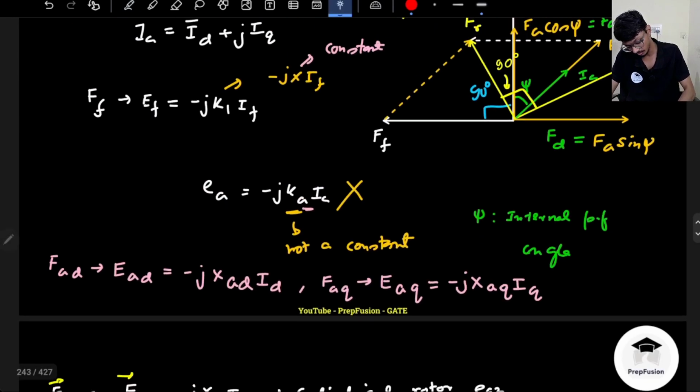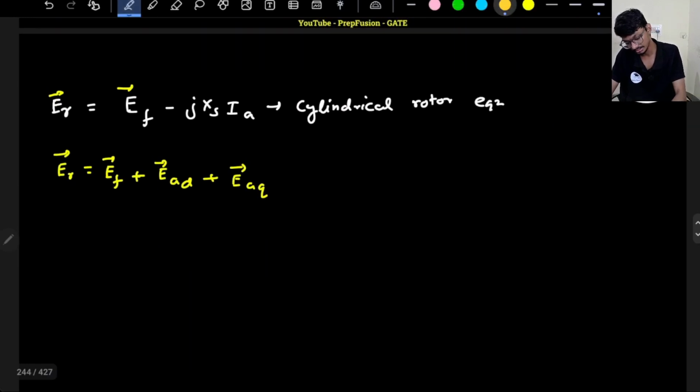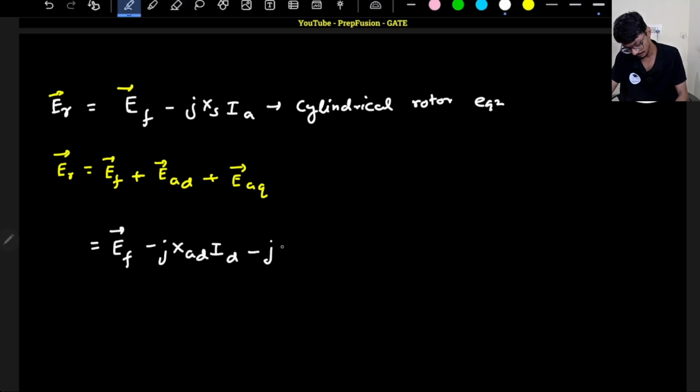So how will I break it down now? Here I have already written the answers. So my ER, the resultant EMF, will be equal to EF minus J XAD into ID minus J XAQ into IQ.